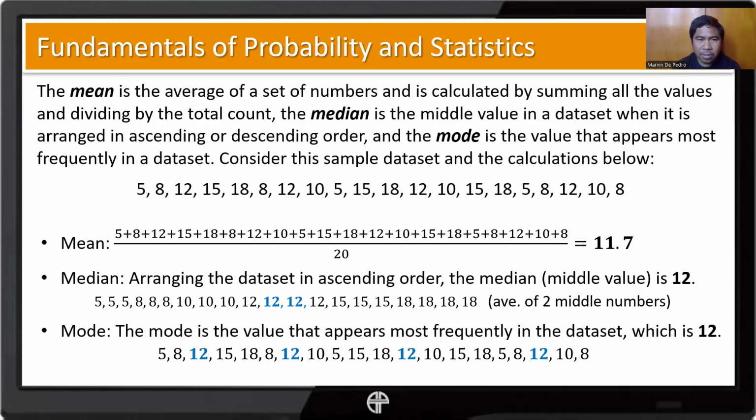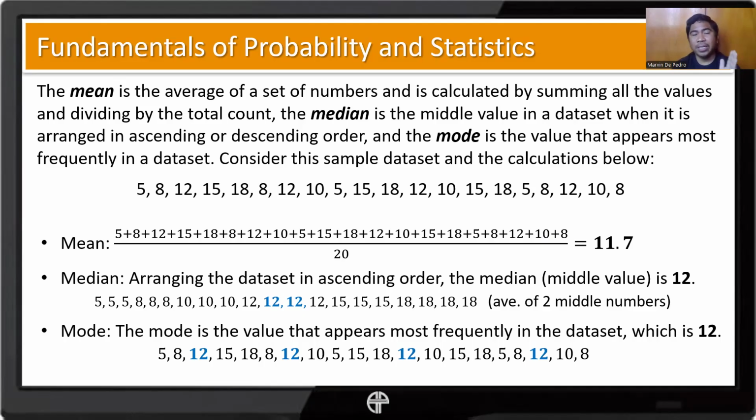And actually, this one is a multi-mode data set, because if you look closely, we actually have four 12s and four 18s. So 12 is not the only mode that we have. 18 could also be the mode.